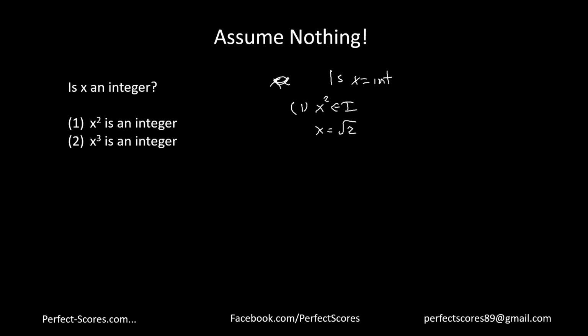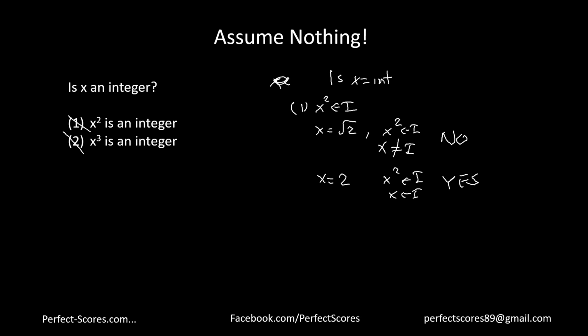If x is square root 2, that means x squared is an integer, but x is not an integer, right? But on the other hand, if x is equal to 2, then x squared is an integer and x is an integer. So that means you have a no and you have a yes, right? So that means the statement is insufficient.